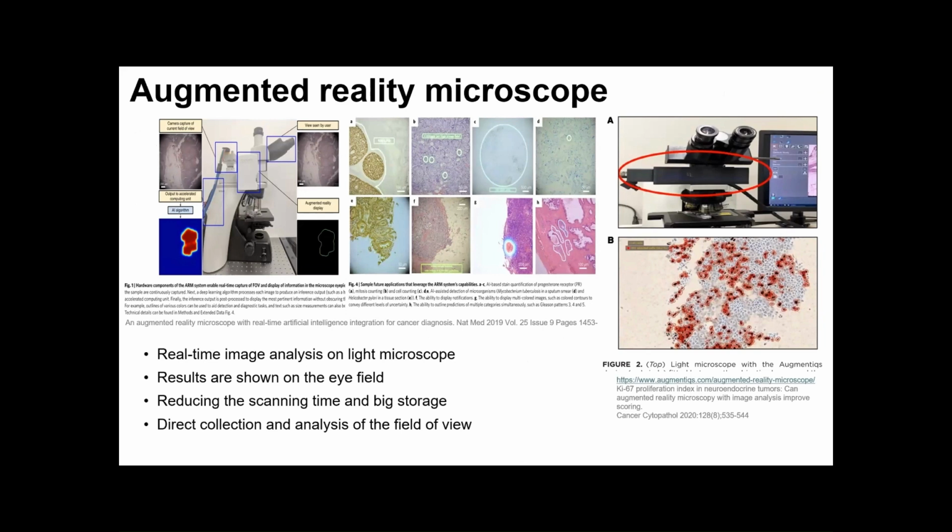It does not need tissue scanning, but needs high-speed inference computing. It can be used for direct collection of a field of view and analysis of the field of view.